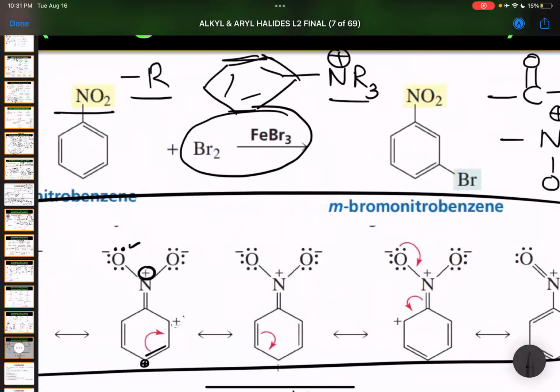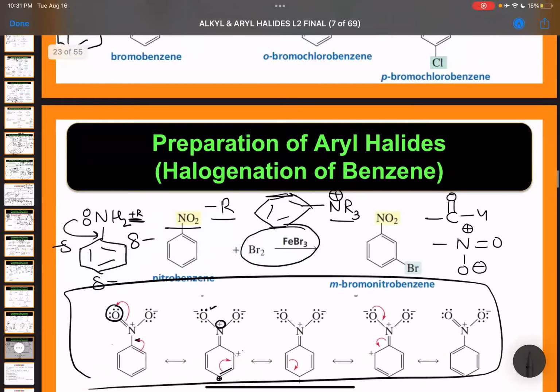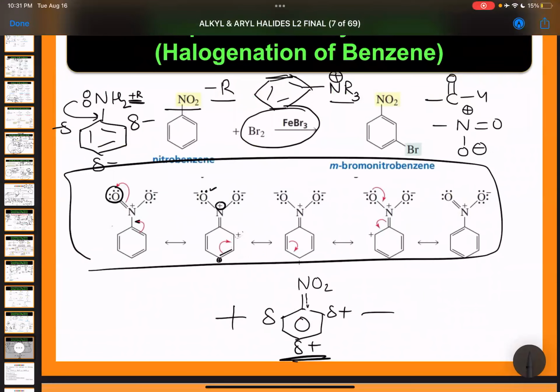Okay. Yes, sir, clear. So one more thing: is the reaction going to occur faster than benzene or slower than benzene for nitrobenzene? I can put it another way also.